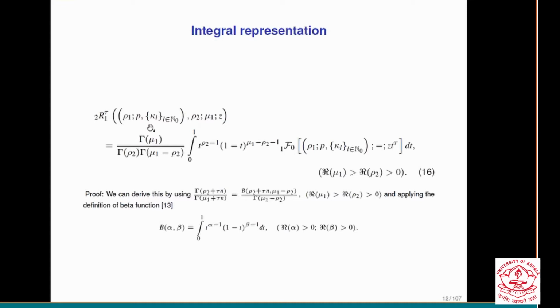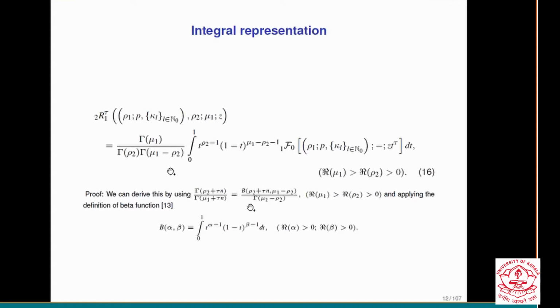If you generalize or introduce any function, or a polynomial, it should have an integral representation. This is a very interesting component in the theory of special functions. So we also obtain this integral representation of this function, and it is given in this form as equation number 16.